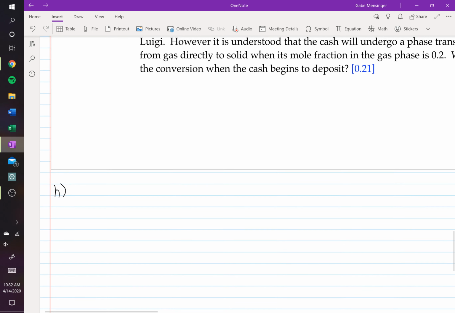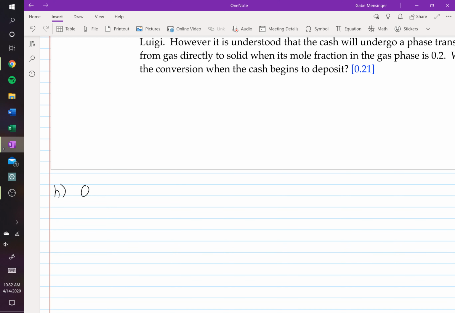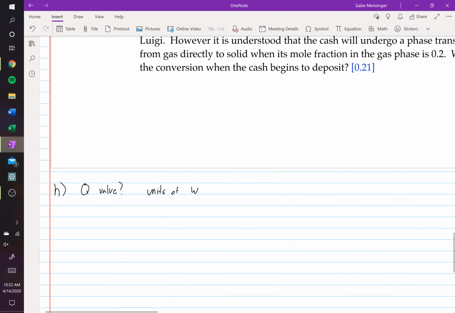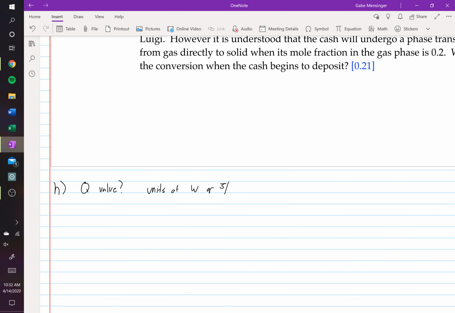So we're trying to find the maximum heat load on the heat exchanger, or the Q value. And we know Q is going to be in units of watts, or kilowatts, same thing, or joules per second.